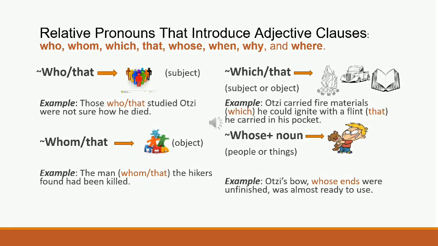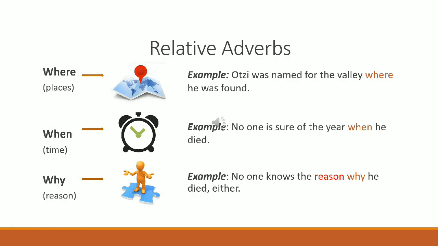Next one, adjective clause can also function as relative adverb. It means explain about place and time and reason. Example: place. We use where.